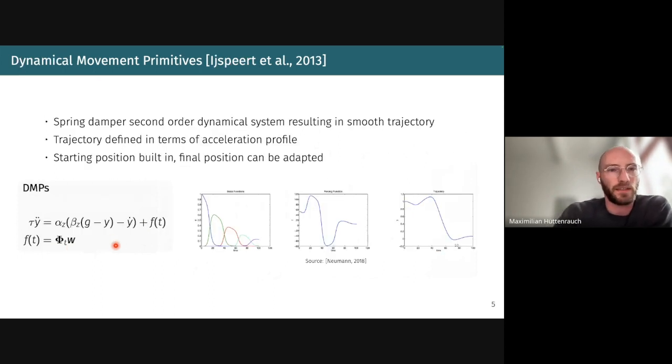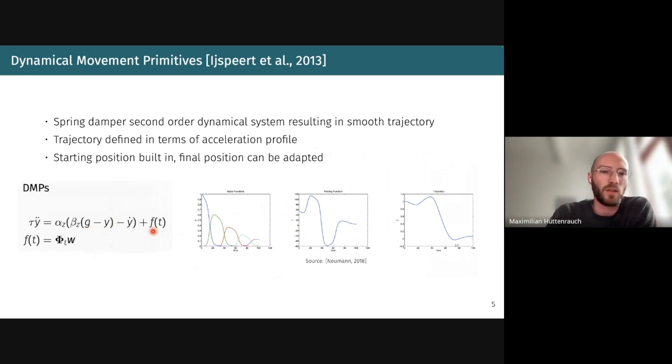Then there's another kind of movement primitives, called dynamical movement primitives. They actually have this function built in because they are defined in terms of an acceleration profile instead of directly in the joint space. They are basically a spring damper second order dynamical system, which says coming from a start state, we want to be driven towards a goal state.